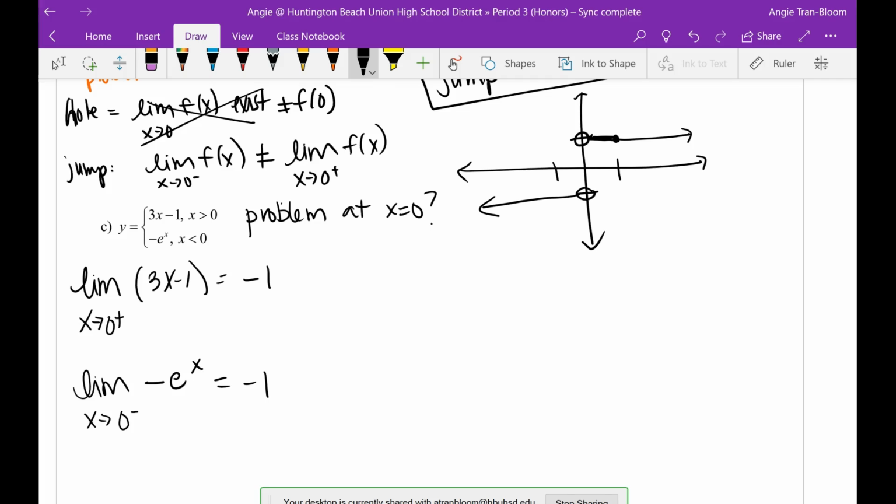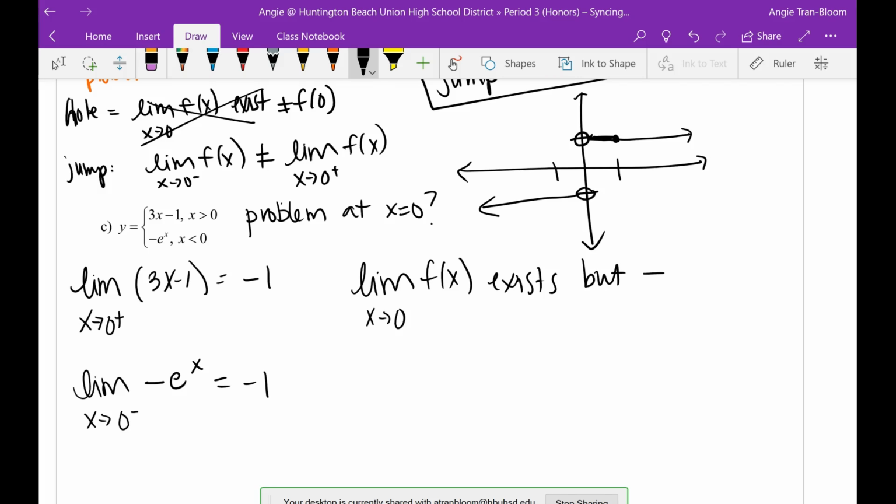No. Wait. The limit exists? Whoa. Okay. Limit as x approaches 0 exists, right? Yes. Okay. But not equal to what? f of 0. Because does f of 0 even exist? No. So, what can we conclude?